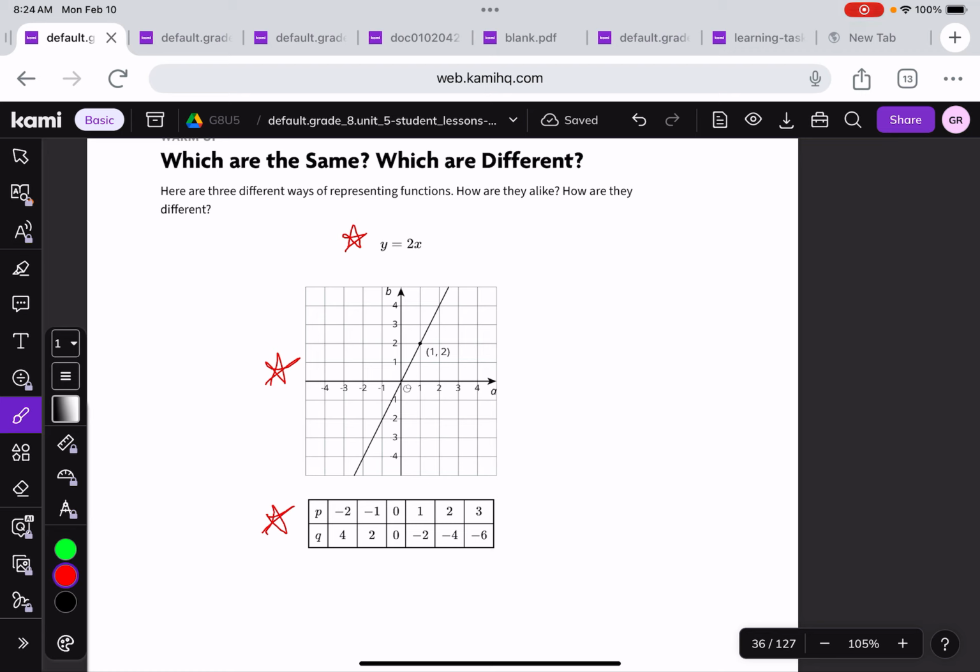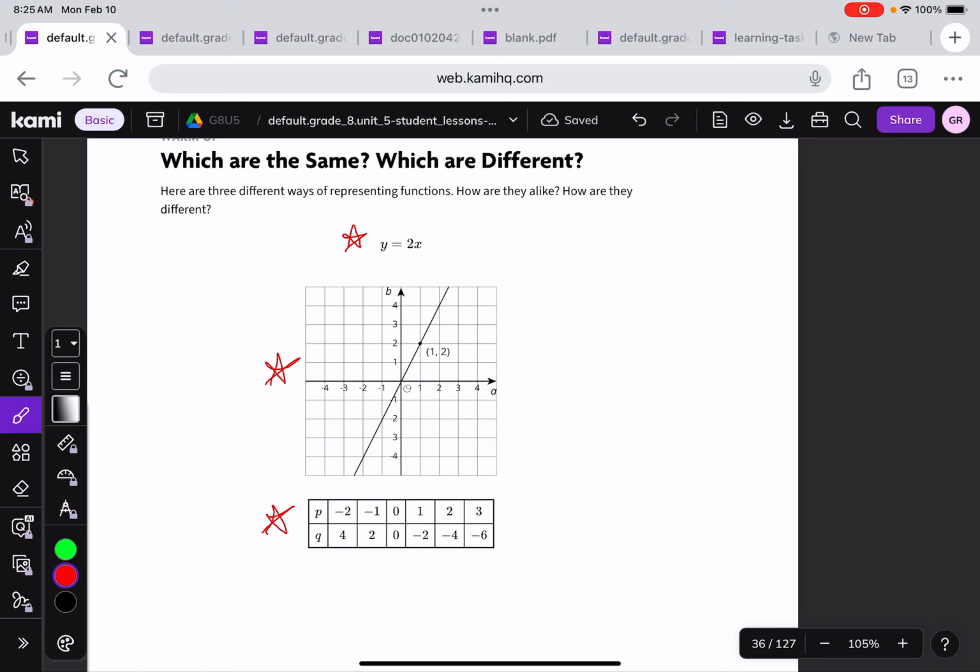I don't know if you heard what I just said, but I kind of just told you how they're different, right? Then we can look and see how they are alike. Well, how are we going to be able to compare these numbers if they're all represented differently? One's an equation, one's a graph, one is a table.